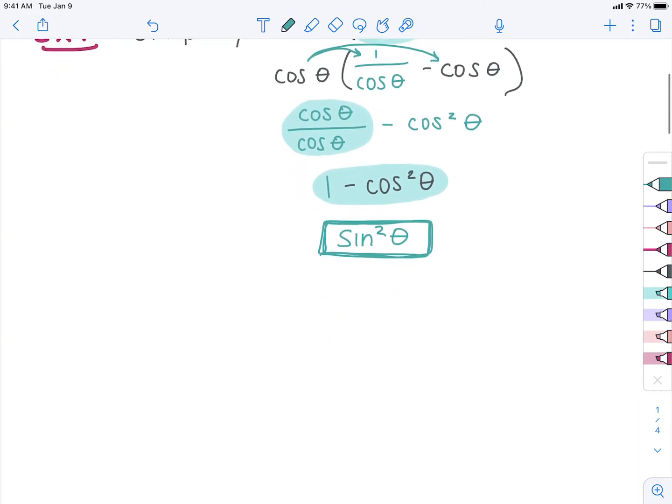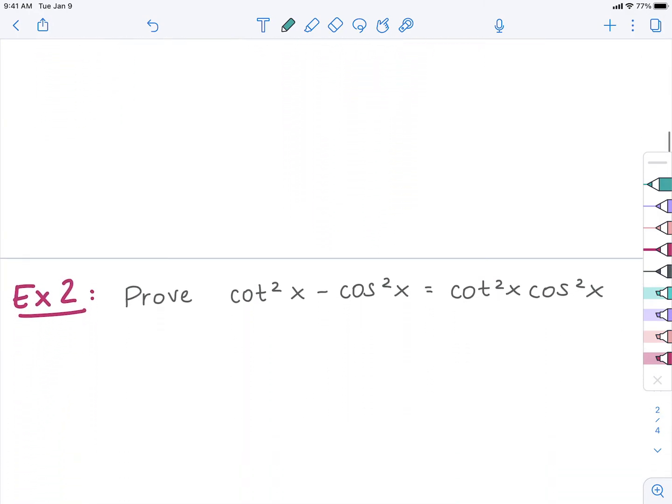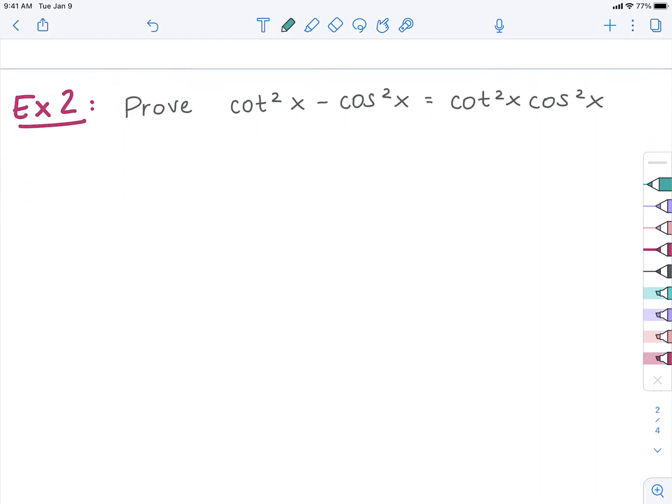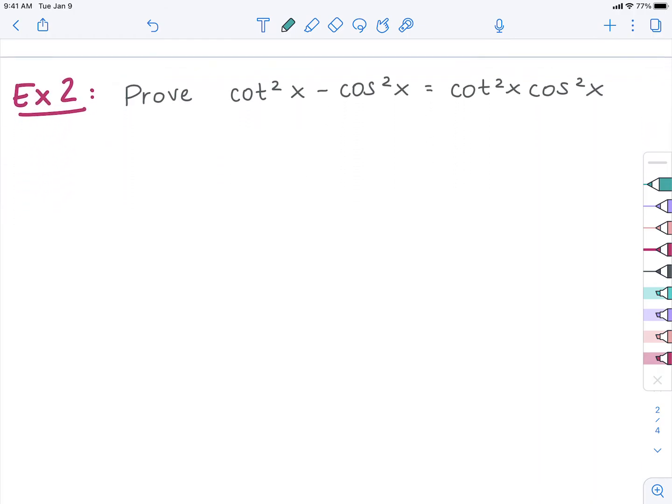All right. Step it up a notch. And instead of just simplifying, now let's actually prove that cotangent squared x minus cosine squared x equals cotangent squared x times cosine squared x. So now our major rule here is that we're only going to work with one side at a time.